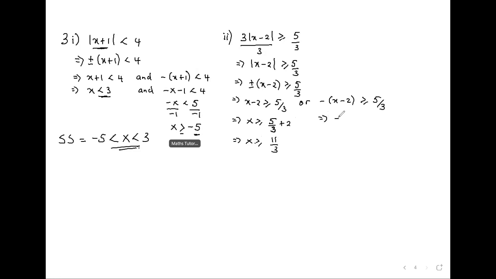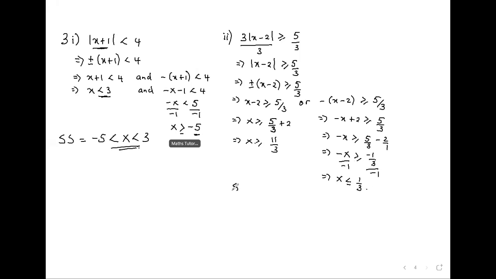The other side, negative x plus 2 greater or equal to 5 over 3, which is negative x greater or equal to 5 over 3 minus 2 over 1. This is negative x greater or equal to negative 1 over 3. Divide by negative 1, x is less or equal to positive 1 over 3.